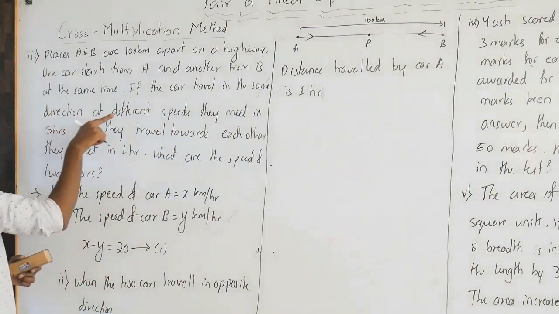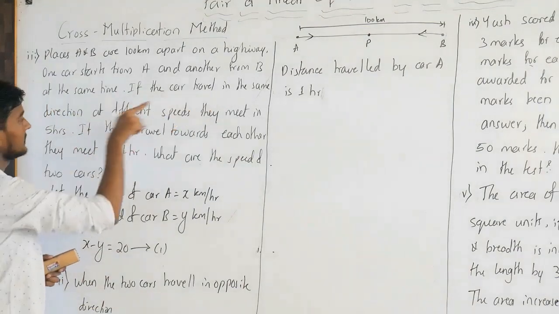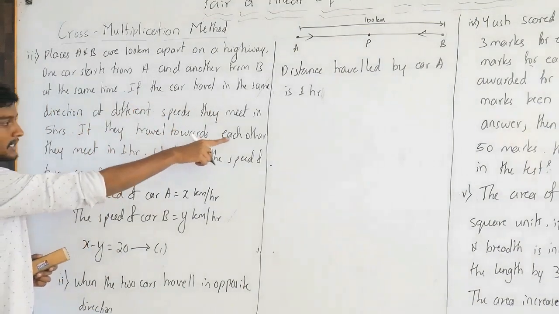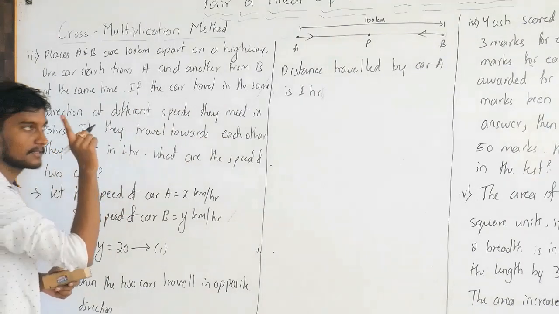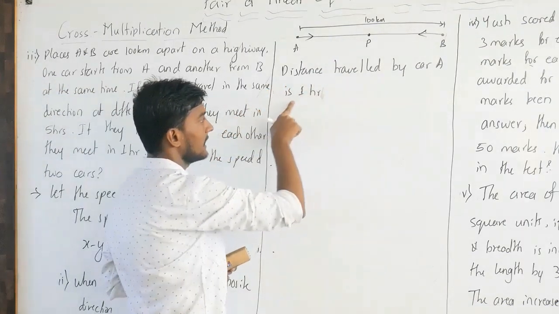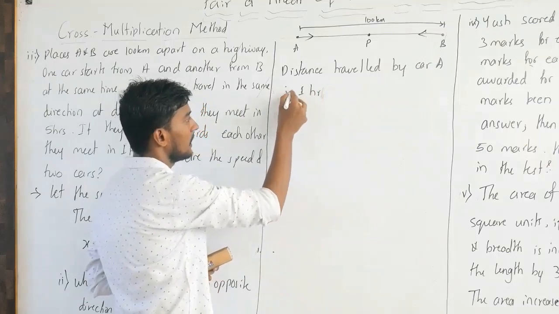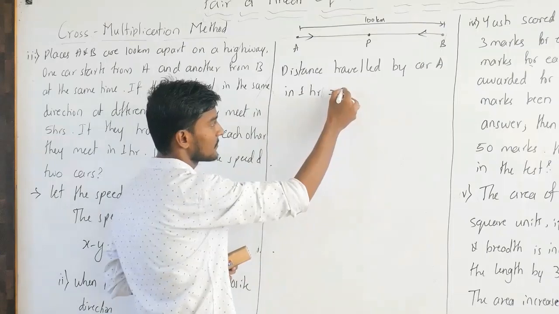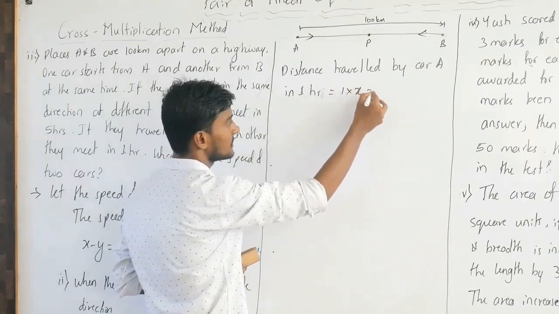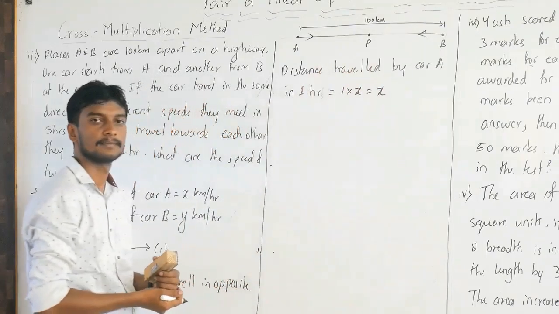See here the direction: if they travel towards each other, it means opposite directions, and they meet in 1 hour. So the time is 1 hour. The distance traveled by car A in 1 hour is equal to speed into time. The speed is x, the time is 1. So 1 into x is equal to x.